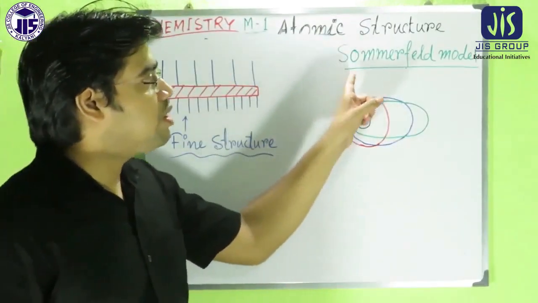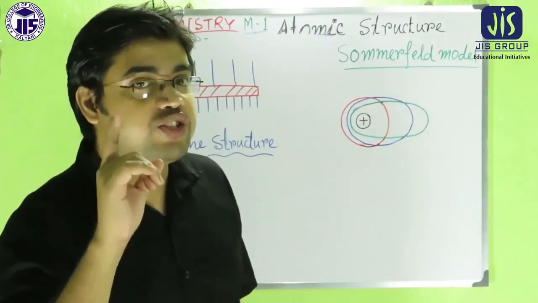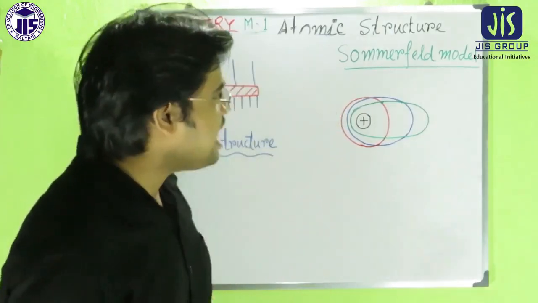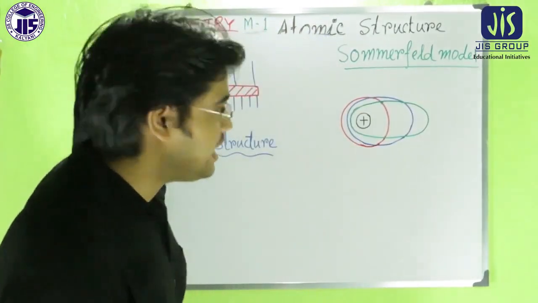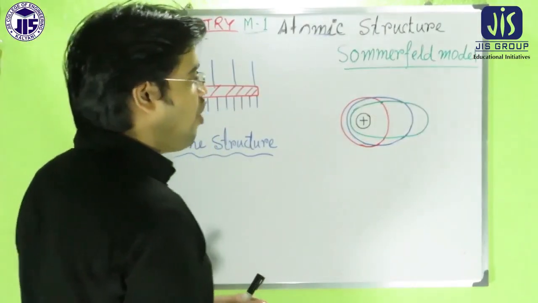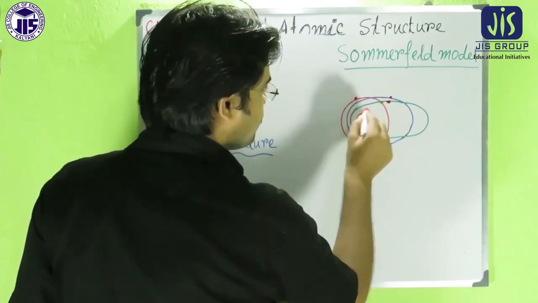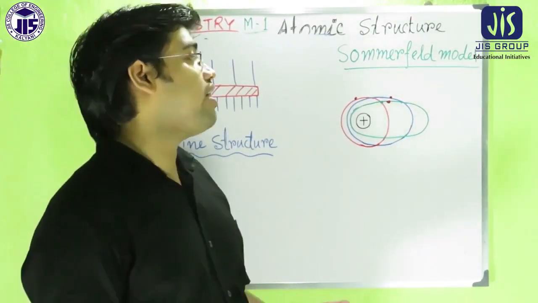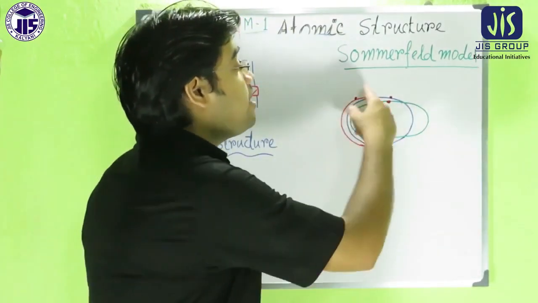So according to Sommerfeld, there was some kind of sub-energy level in the atom, and Sommerfeld introduced a new quantum number. Sommerfeld said that the electron revolves around the nucleus not only in a circular pathway. Actually, the circular pathway is a special case of the elliptical pathway.